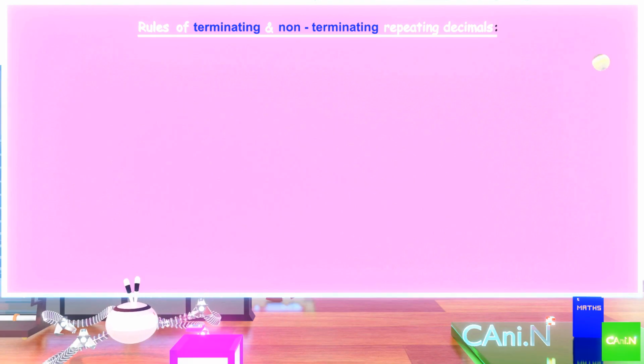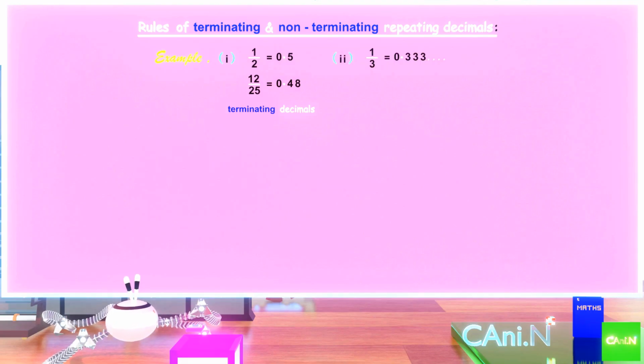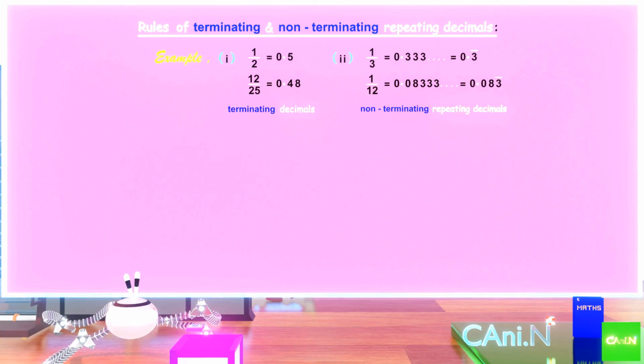Rules of terminating and non-terminating repeating decimals. Example: 1 by 2 equals 0.5. 12 by 25 equals 0.48. 1 by 3 equals 0.333, etc. equals 0.3 bar. 1 by 12 equals 0.08333 etc. equals 0.083 bar.